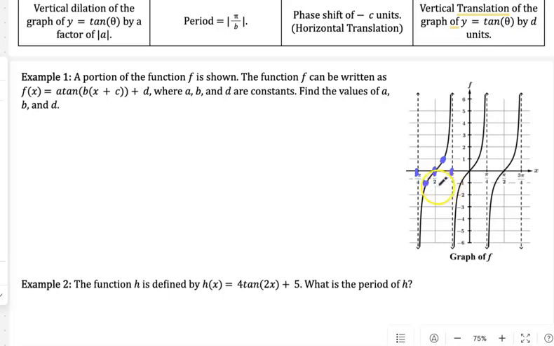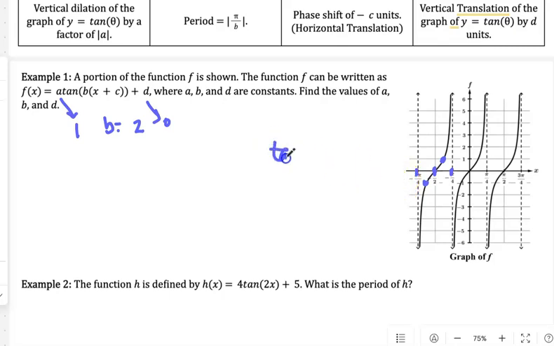And it looks like they do, which is a standard a value of 1. So I had a b value that was 2 because it's pi over period, pi over 2, and a d value of 0.